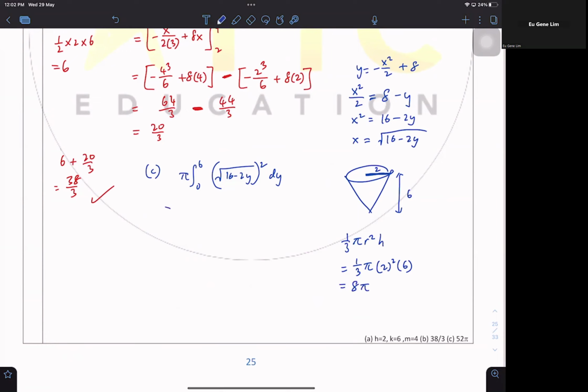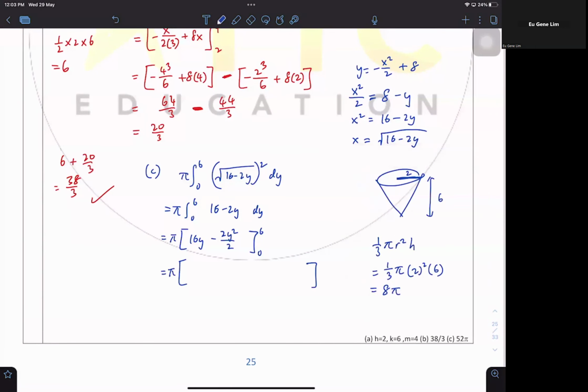So I do it like pi integrate 0 to 6. Square root and square cancel off. 16 minus 2y dy. Integrate, 16 becomes 16y. You just add a y, because it has no y. Then 2y square over 2. Power plus 1, divide by the new power. After you integrate, you can substitute. Put a big box.